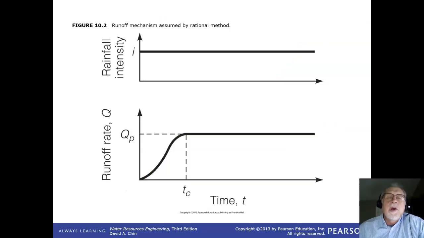Got another graph here. This is from a textbook. So if it just keeps raining at a certain intensity for a long time, at first, again, the water near that outlet is running off and hitting that outlet until it gets to a point where the whole watershed is contributing to it. That's the time of concentration.